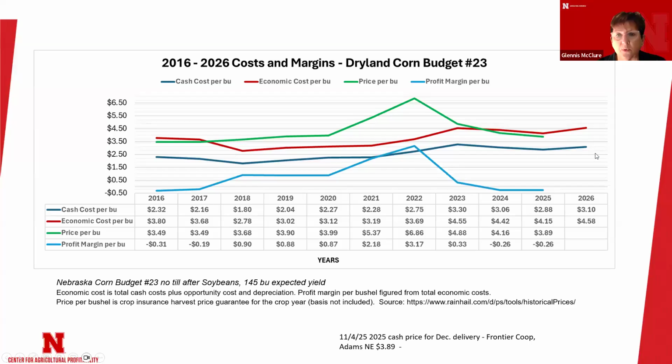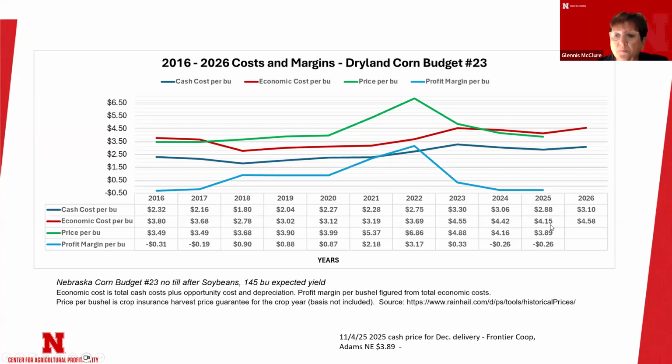So we're showing what those costs are. And then the prices, I plugged in the prices. Now that is off of the crop insurance harvest price guarantee, all right? So we won't have that figure for 2025 until it's for the month of October.